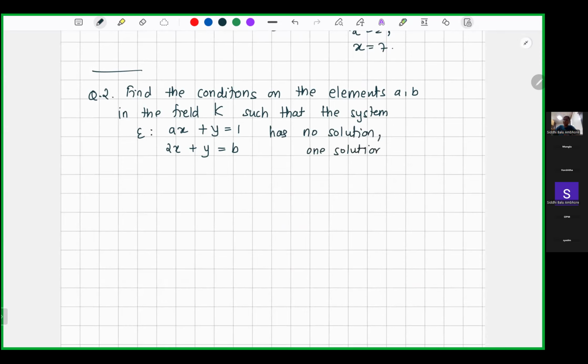So when we say one solution, this is what I meant when I was saying unique solution, and infinitely many solutions.